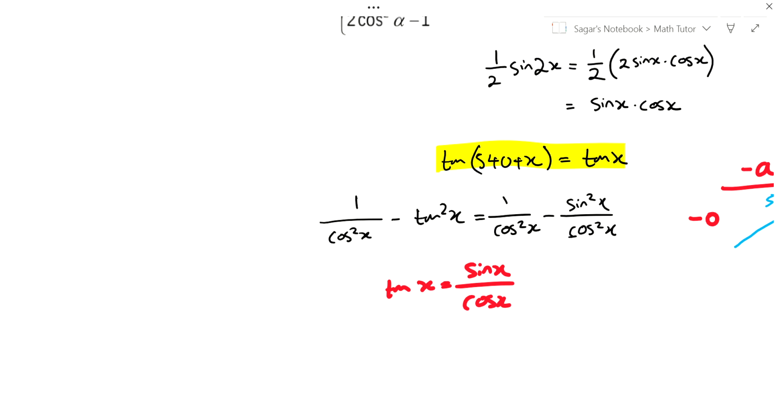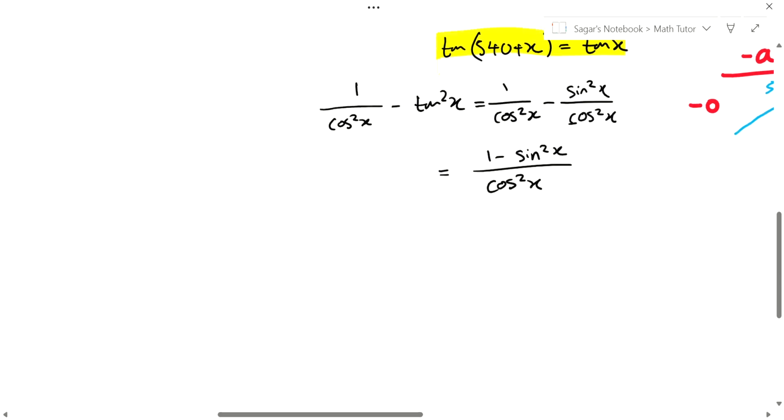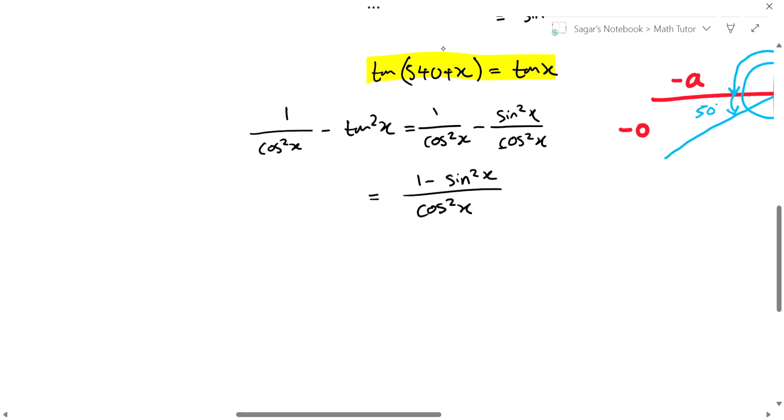That's your trigonometric relationship there. Let us further simplify this. We've got 1 minus sine squared x all over cos squared x. Now in the numerator, we have to remember the following equation. Sine squared x plus cos squared x is equal to 1.